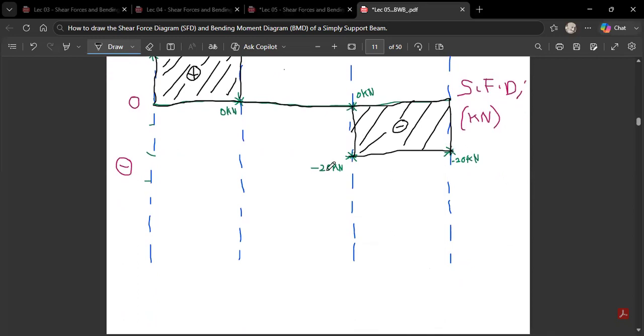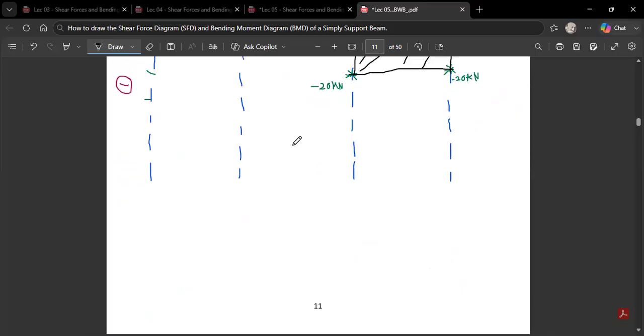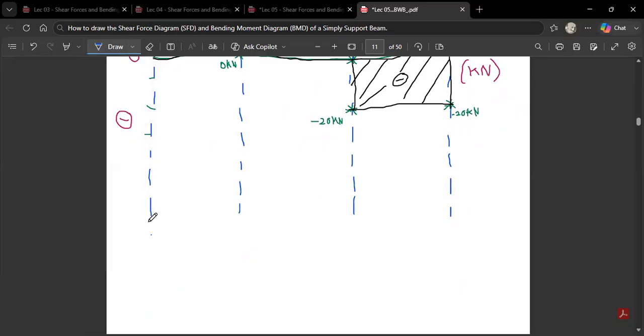Okay, so it's the same procedure. Don't get confused. Let's draw the bending moment diagram. So we extend this line small, and we take our reference point. Okay.